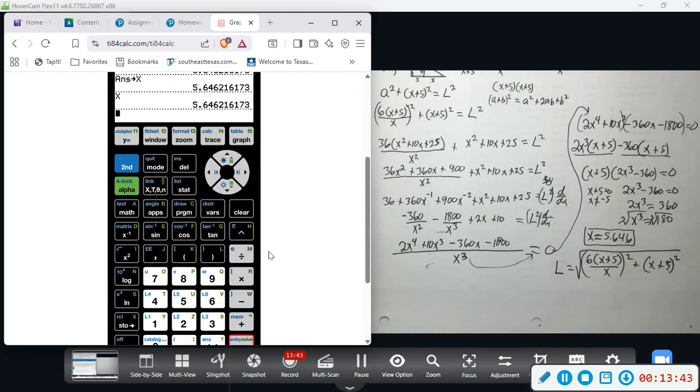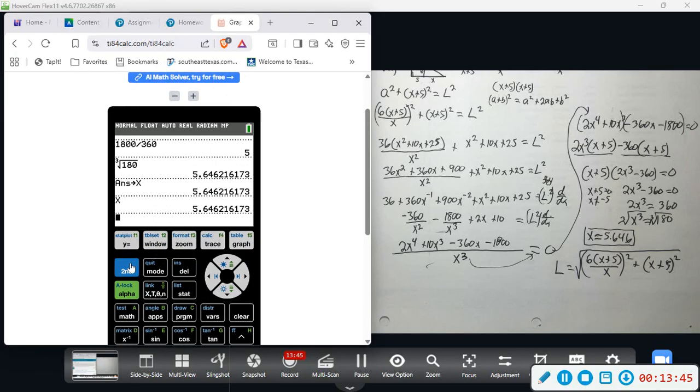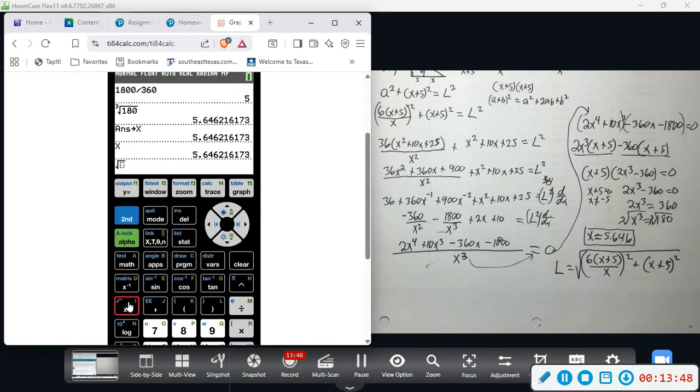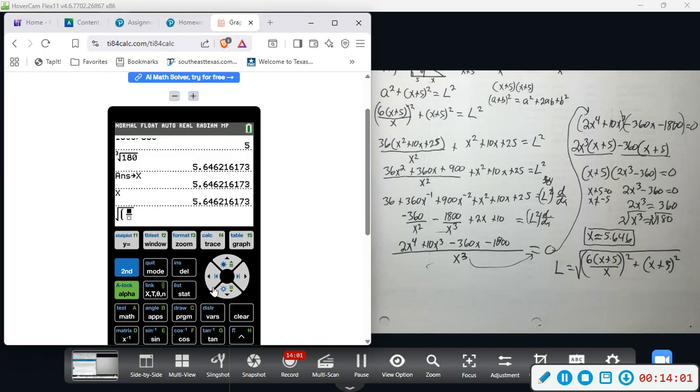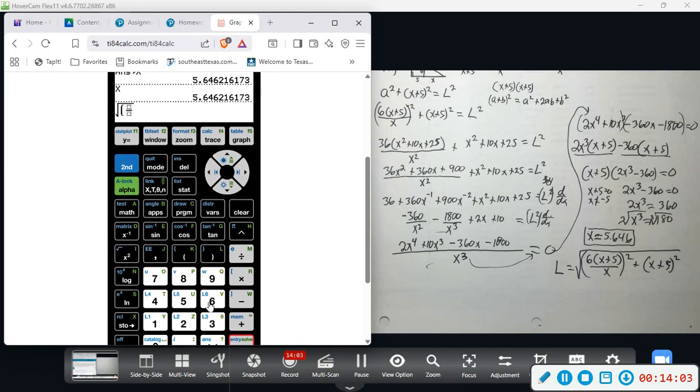So now I can type in this expression. I'm going to do second, square root. I'm going to make a fraction bar. Well, let's do parentheses and then alpha y equal enter to make that fraction bar. All right, so far, so good. We're going to type that in. So 6 times x plus 5, and x plus 5 is that value, 5.646. It did the whole thing.